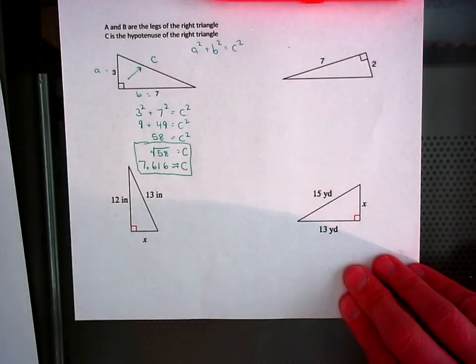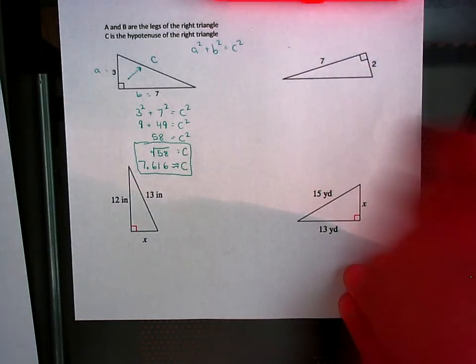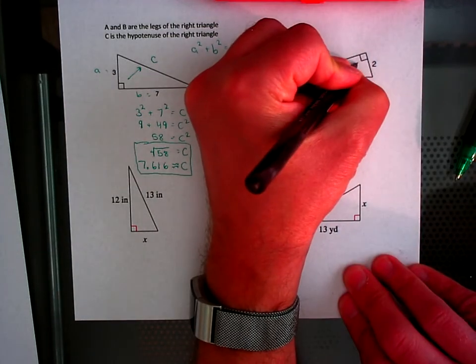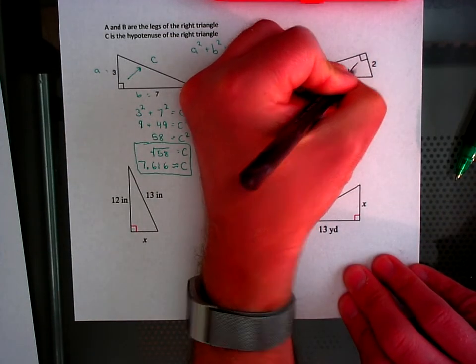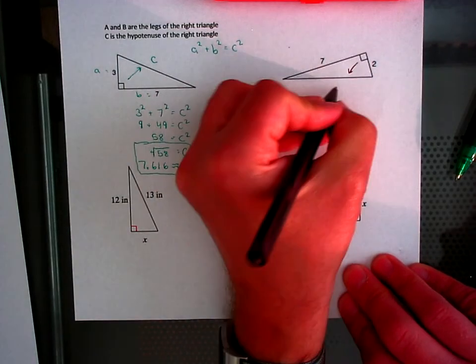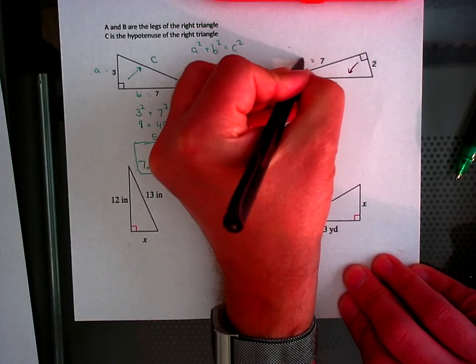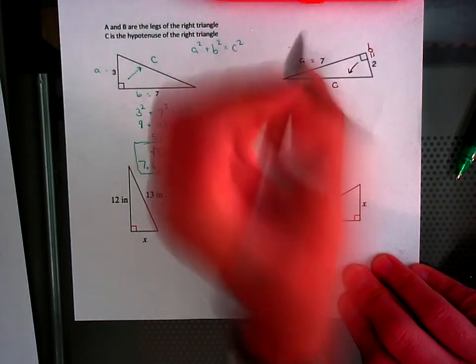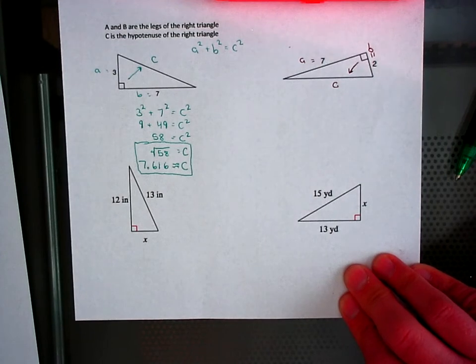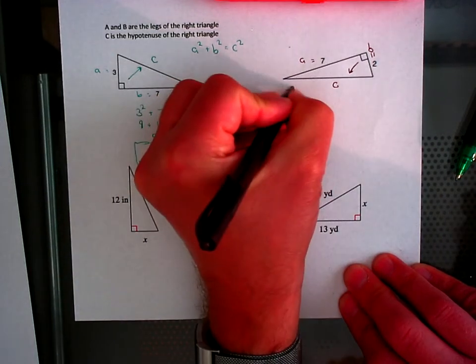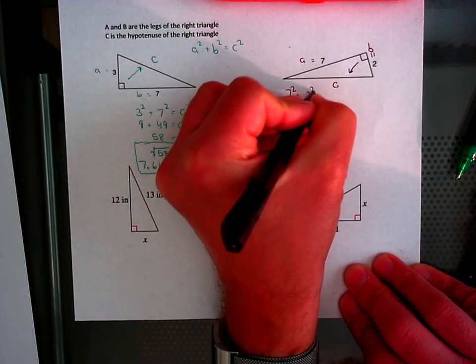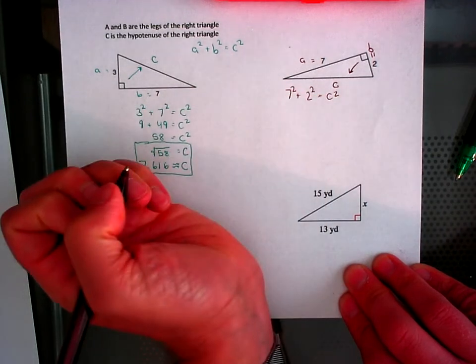So now let's take a look here at the next one. Again here, okay, this points to right there. So that's telling me again this is C. I can say that's A, that's B. Again, A and B don't matter. C does. C has to be in the right place. So I'm going to say that's 7 squared plus 2 squared equals C squared.